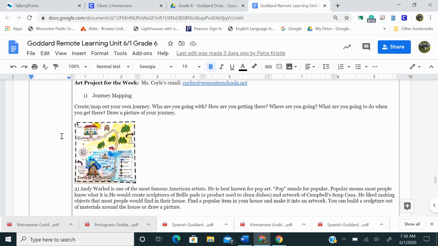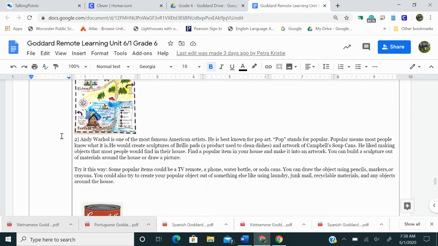I love Miss Coyle's map here. Or 2, Andy Warhol is one of the most famous American artists. He is best known for pop art. Pop stands for popular. Popular means most people know what it is. He would create sculptures of Brillo pads, a product used to clean dishes, and artwork of Campbell soup cans.